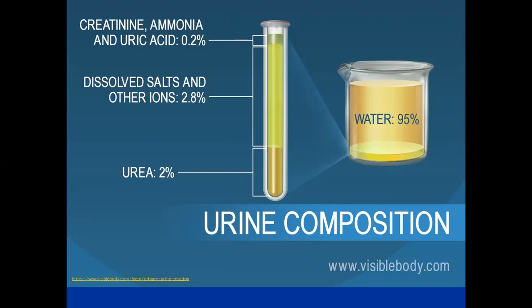So a little bit of ammonia, a little bit of uric acid, mostly urea, 2% of this urine is urea. And then 2.8% dissolved salts and other ions. You don't have to obsess about that. Okay, mostly water.